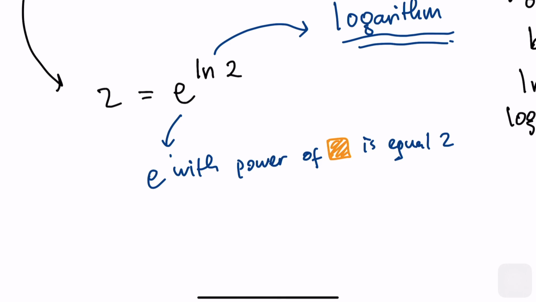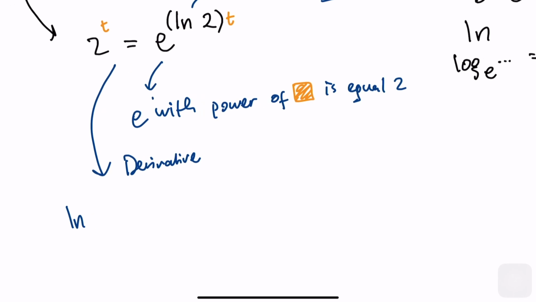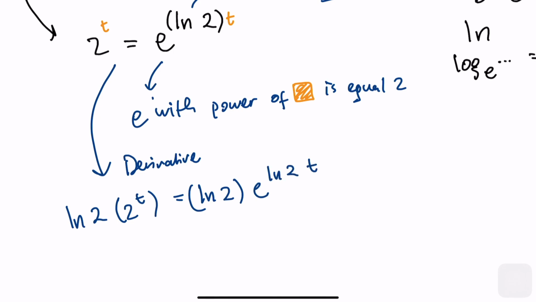And then if you are adding t, this is just adding t. So if we differentiate this, the derivative will be proportional, with the proportional constant ln 2.